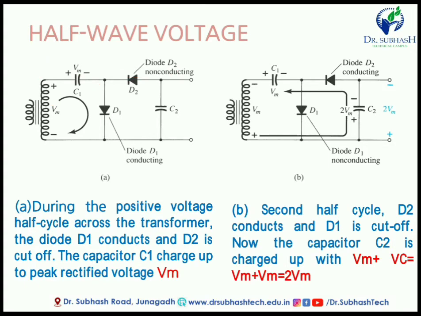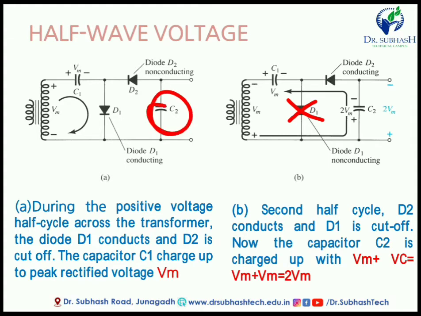Now what happens in the negative half cycle? In the negative half cycle, this diode is in reverse bias mode. Means there is no conduction through this diode because the upper terminal is negative, and this anode is connected to negative and cathode is connected to positive. So this diode is in off mode, means it is an open circuit. Now what happens?